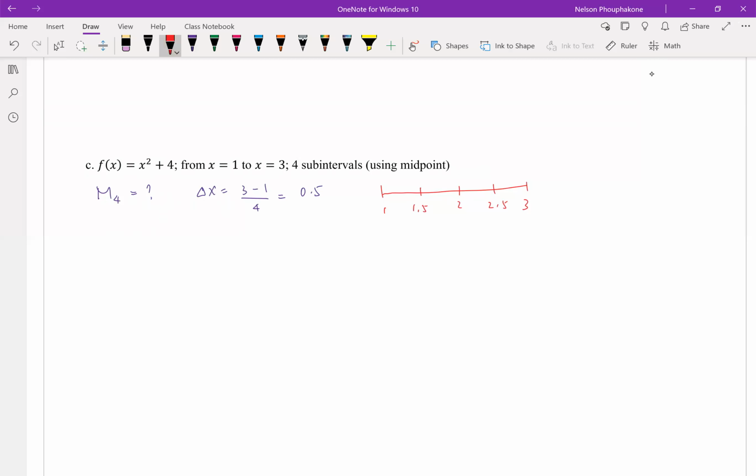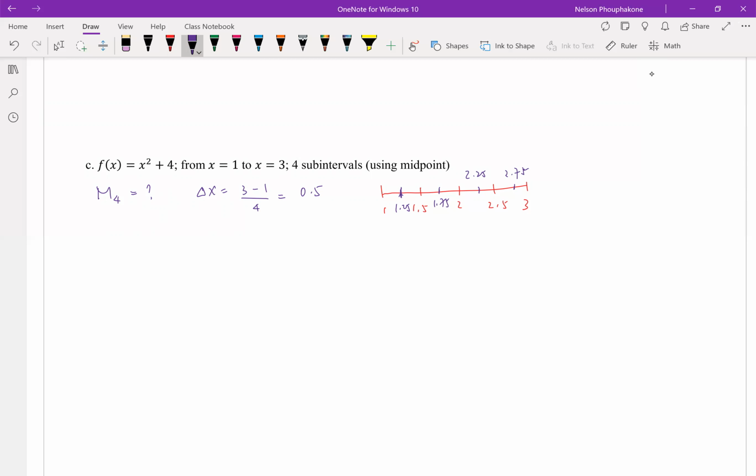Okay. Now remember, we are going to work with the midpoint. The midpoint means the input that we are working with is the midpoint between 1 and 1.5, which is 1.25, then 1.75, 2.25, and then 2.75, right? Those are my inputs then.